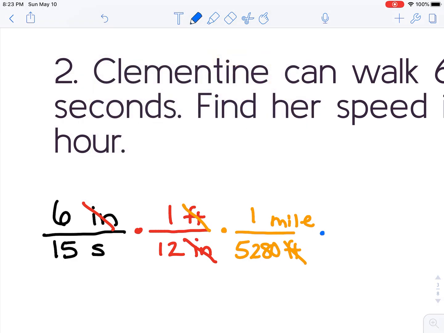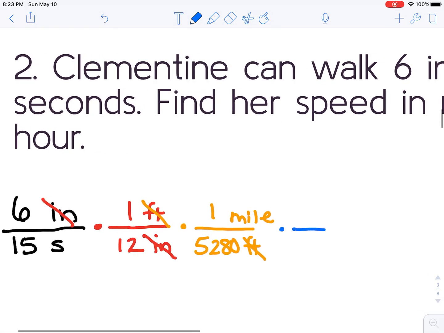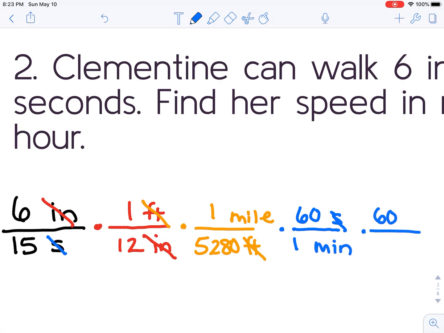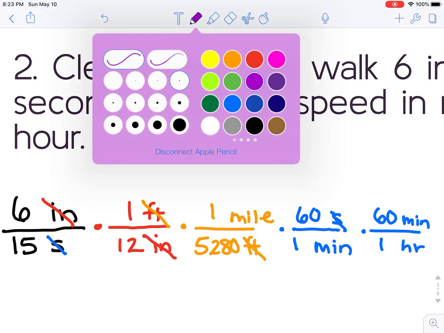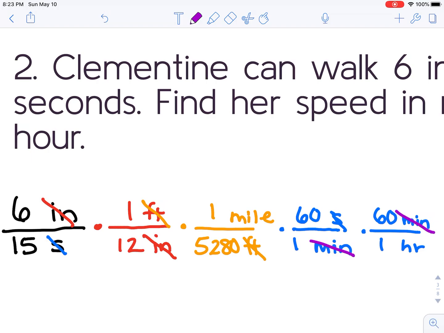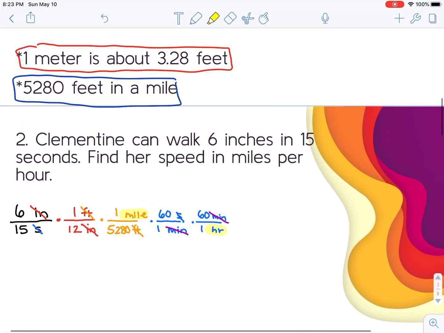Do the same thing with your seconds. 60 seconds is 1 minute. 60 minutes is 1 hour. And now my only units I have are miles per hour.